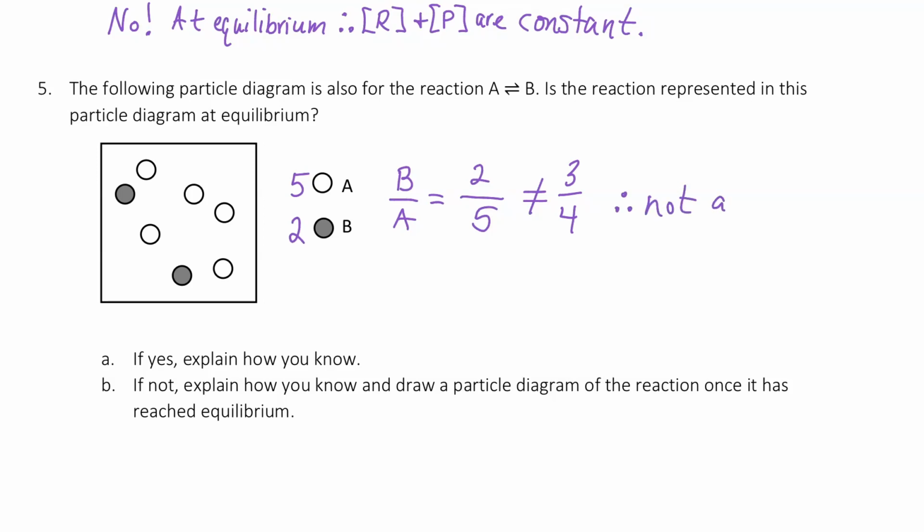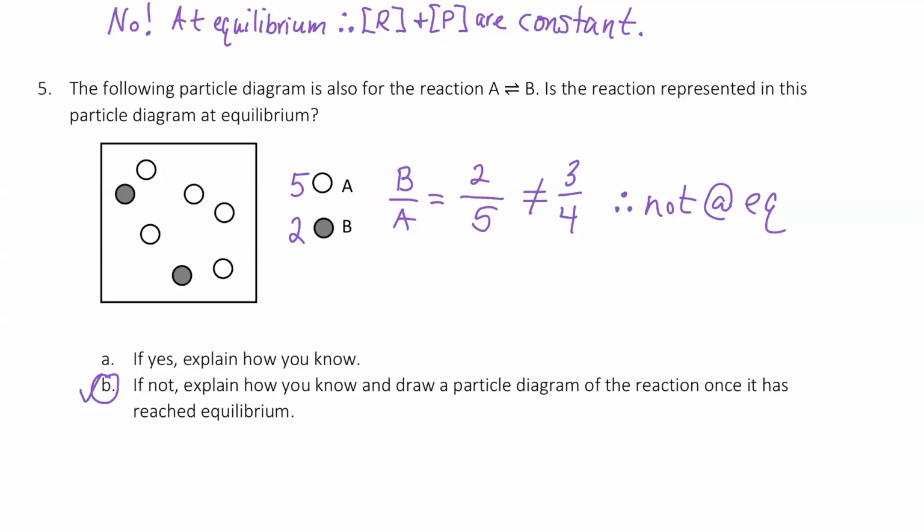Therefore, not at equilibrium. I will use "at EQ" to abbreviate "at equilibrium," because I'm not writing that word all out every time. Okay, great. So there's part of this.